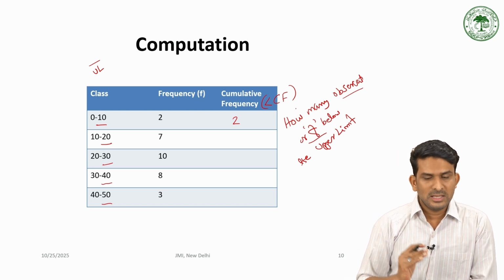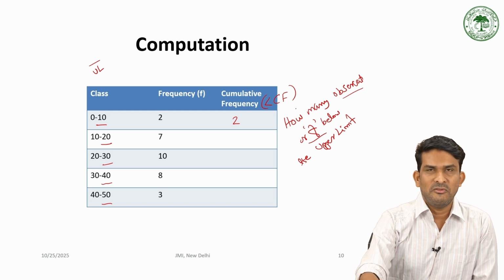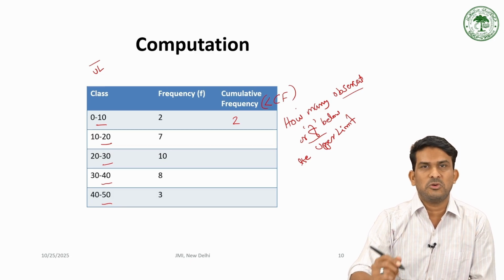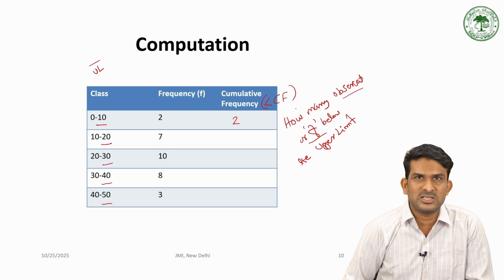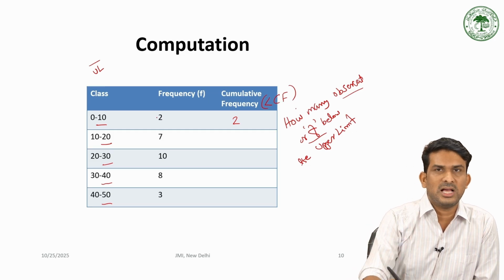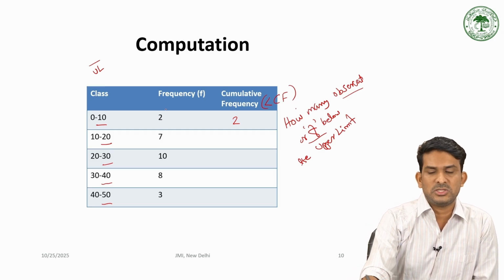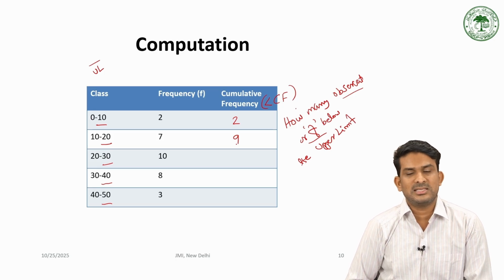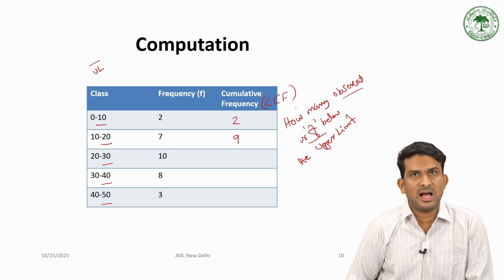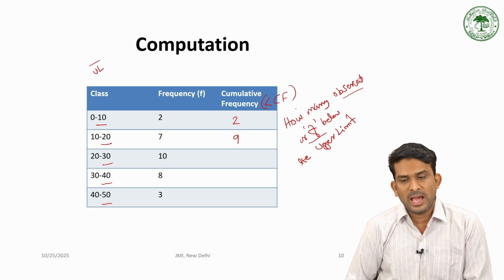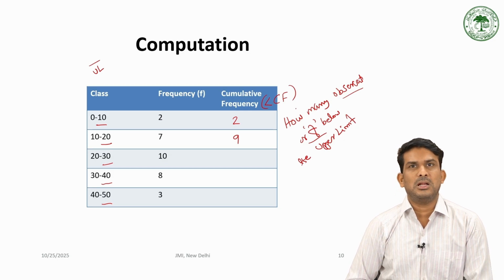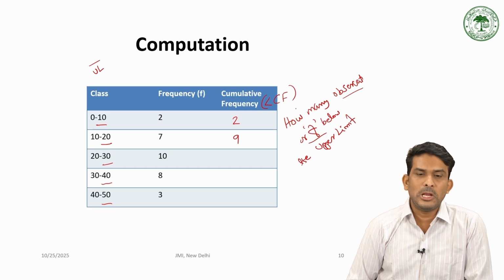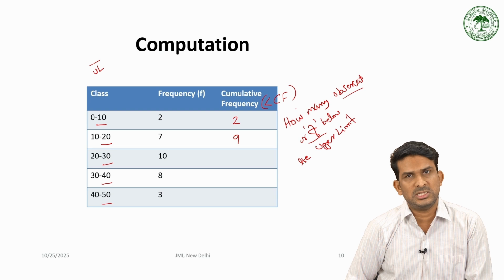So the previous frequencies of the classes will also be considered. We have one class only, so 7 plus 2. We have the cumulative frequency 9. 9 is the cumulative frequency of the class 10 to 20, as we have 9 observations below the upper limit value 20.